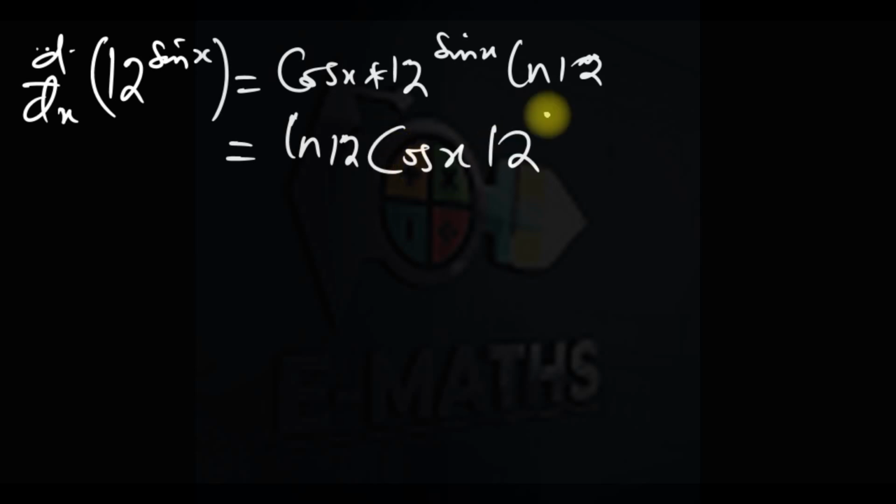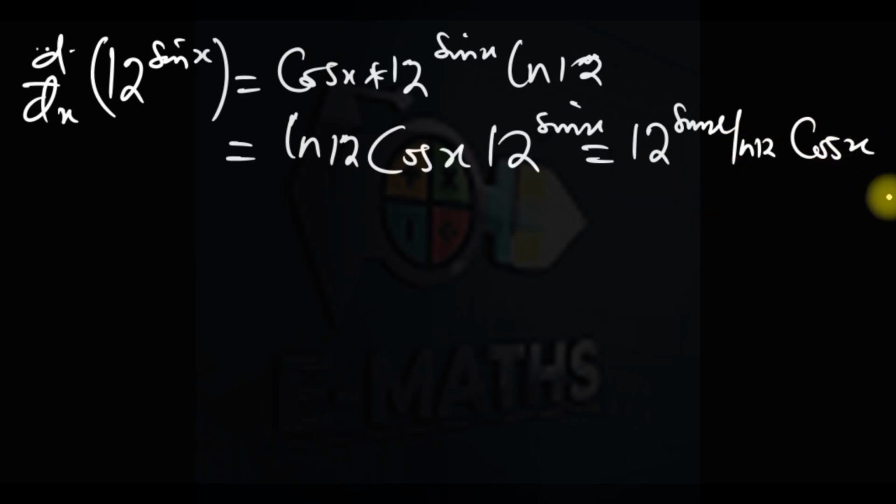Or we can write the constant first, ln 12 cos x times 12 raised to the power sine x. Depending on how you want to write it, or 12 raised to sine x ln 12 cos x. I think this will be better.